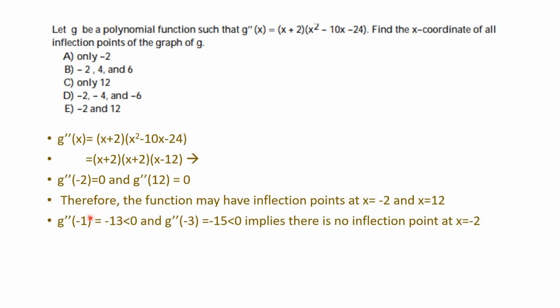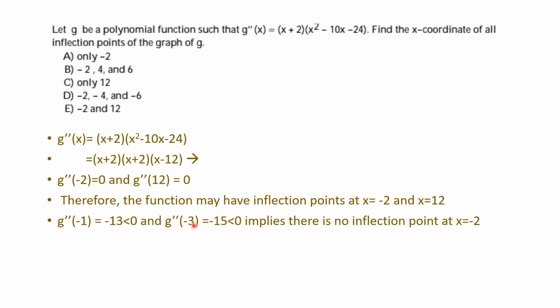We're going to go ahead and visit the left of -2 and the right of -2. The left of -2 is -3. The right of -2 is -1. So g double prime of -1 equals -13, less than 0, and g double prime of -3 equals -15, less than 0.